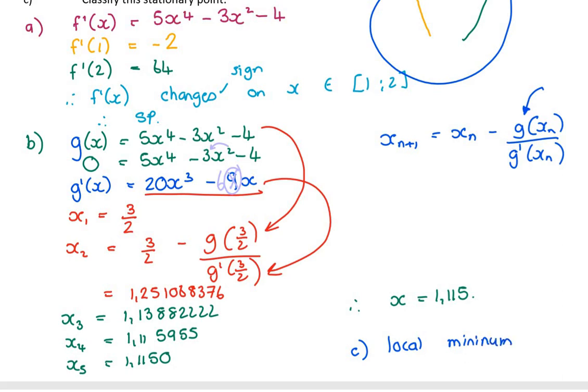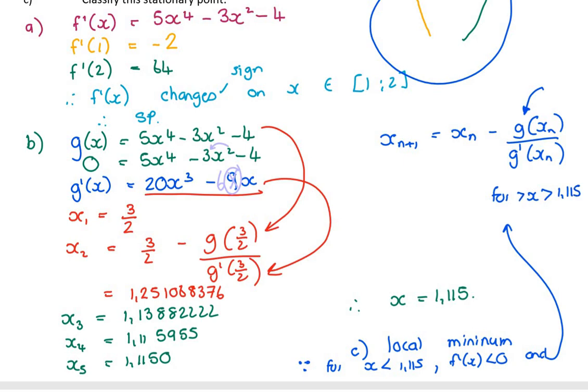If it was for a certain number of marks, it would say explain, and I would say because for x less than 1.115, your gradient was negative, and, running out of space, for x greater than 1.115. I should probably say greater than 1, less than or equal to 2, because I don't know what happens beyond that.